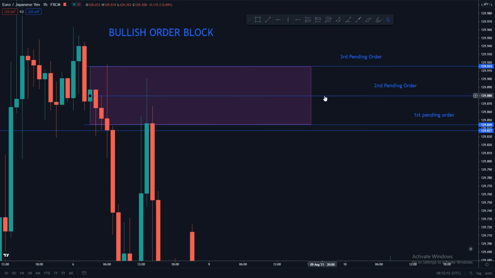The second part is going to be the mid of the body, and the third part is going to be the last part of the whole candle, which is this wick right here. Beautiful. We have identified this. So the middle part is basically the 50% of this whole candle.